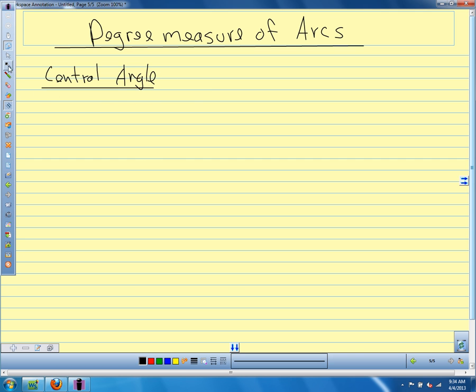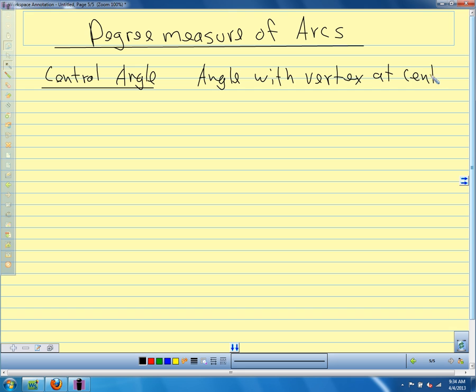We've talked about central angles a little bit when we talked about polygons. Well, a central angle just means an angle with its vertex at the center. So that's what we're talking about when we talk about a central angle.